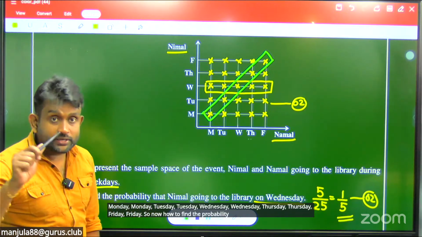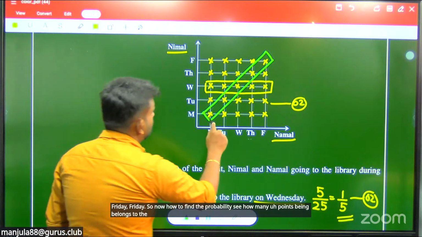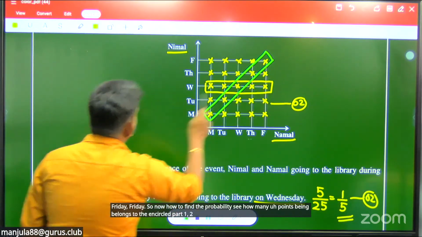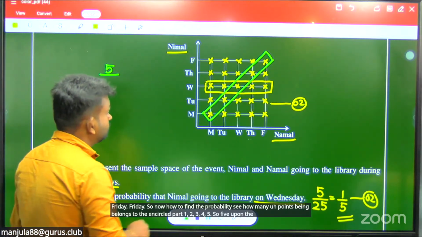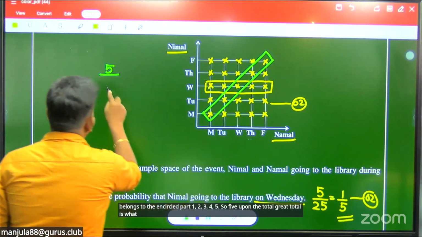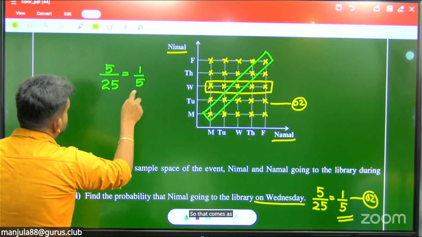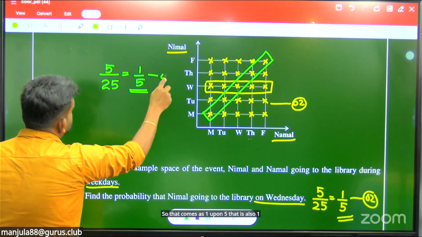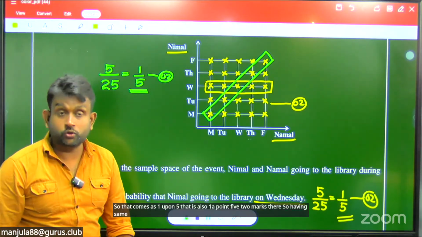See how many points belong to the encircled part: 1, 2, 3, 4, 5. So 5 upon the total grid. Total is 5 into 5, 25. So that comes as 1 upon 5. That is also 1 upon 5. 2 marks there, for both people going on the same day.